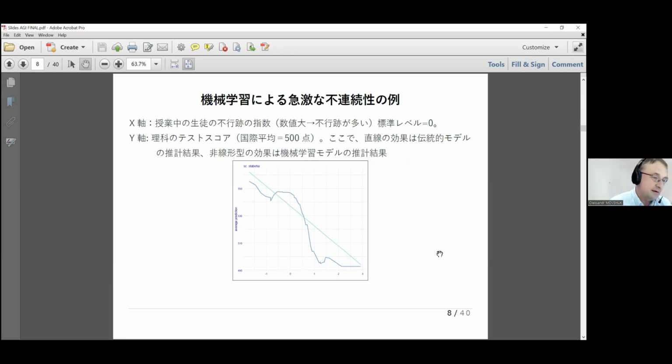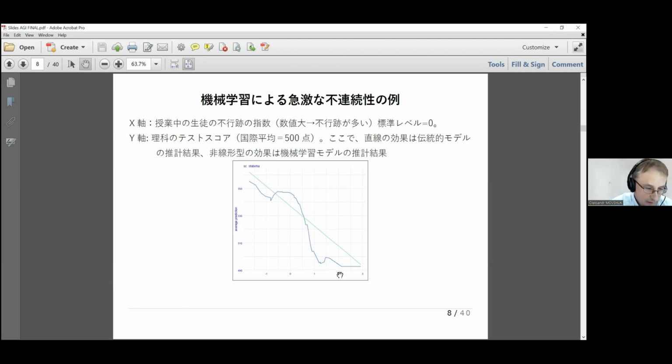This is the result. The Y-axis is the result of an academic test. The average is 500, standard error is 100, and there are two lines. The first line is the straight line estimated by the linear regression model, OLS, and the blue line is derived from a machine learning algorithm.